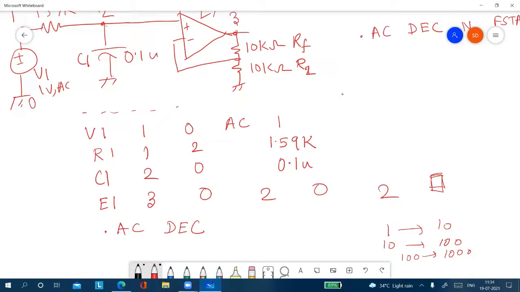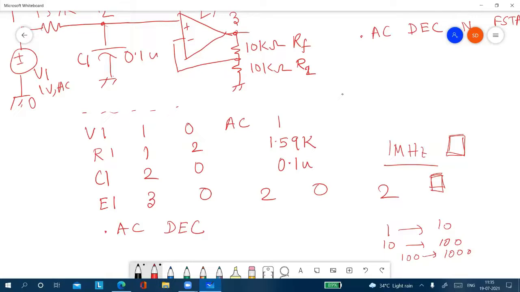Log scale will compress the x-axis. Say you want to analyze a filter up to 1 megahertz. If one small division of the graph paper is 1 hertz, just imagine the size of the graph. You need 10 to the power 6 small divisions. You will not be able to plot 1 megahertz on simple graph paper, so we need log scale to analyze a large range of frequency.